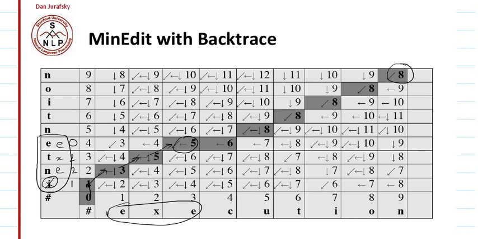So the cost, this total cost becomes 5 here. And we also know the path, that we first have to delete, then we have to substitute, then we have to substitute. So this is the minimum edit distance algorithm with backtrace.